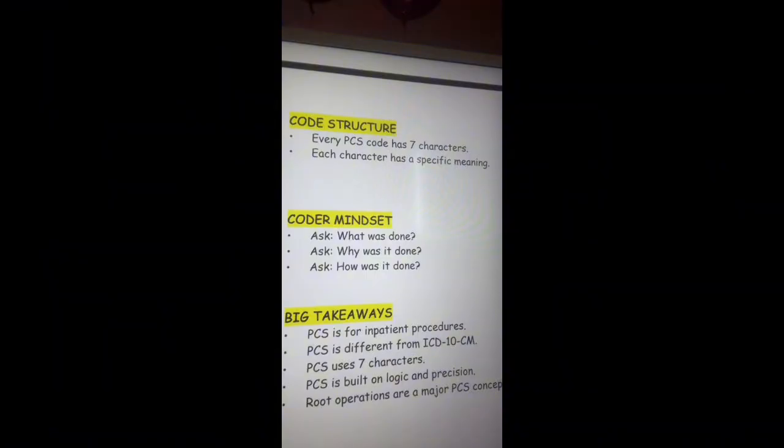Remember, ICD-10-CM is for diagnosis. What is wrong with the patient? ICD-10-PCS is what are we going to do about it? If the patient came in with acute blood loss anemia or GI bleed, what are we going to do about it? We're going to find what we're going to do about it in ICD-10-PCS.